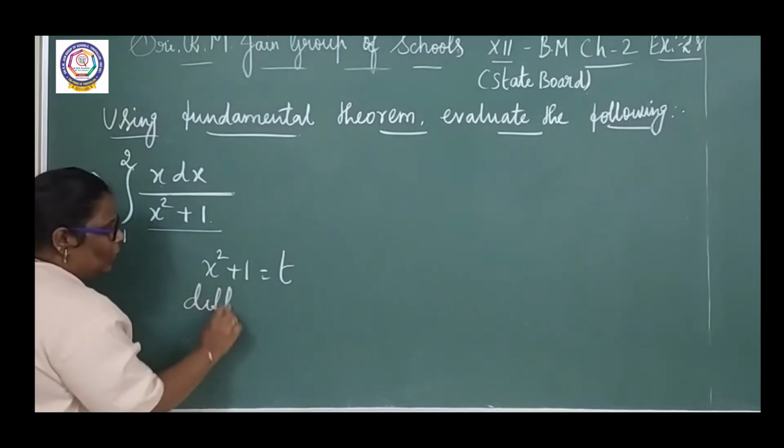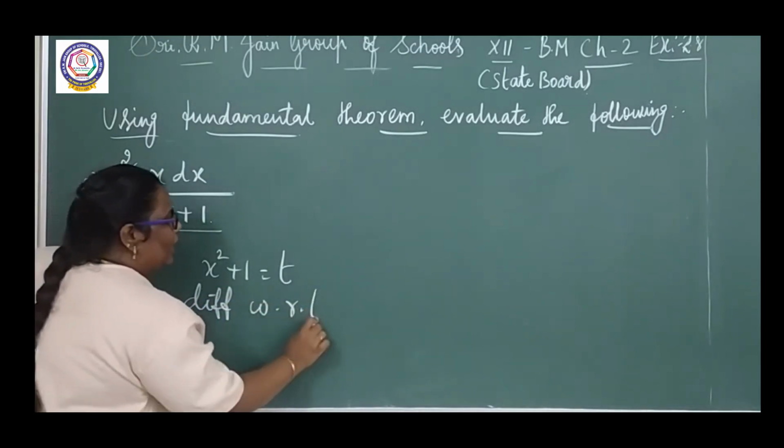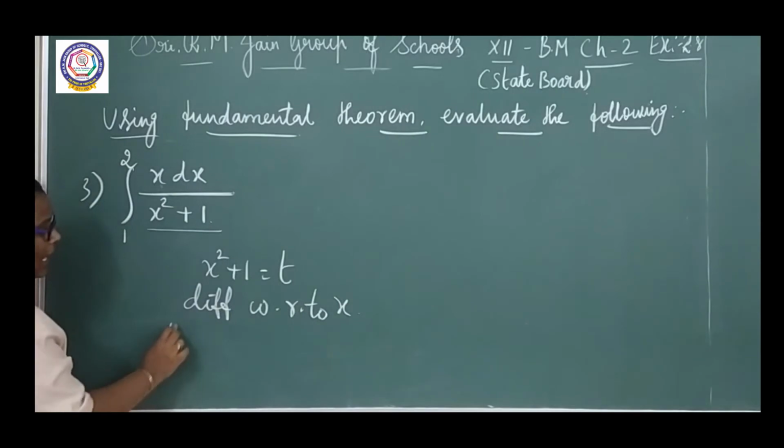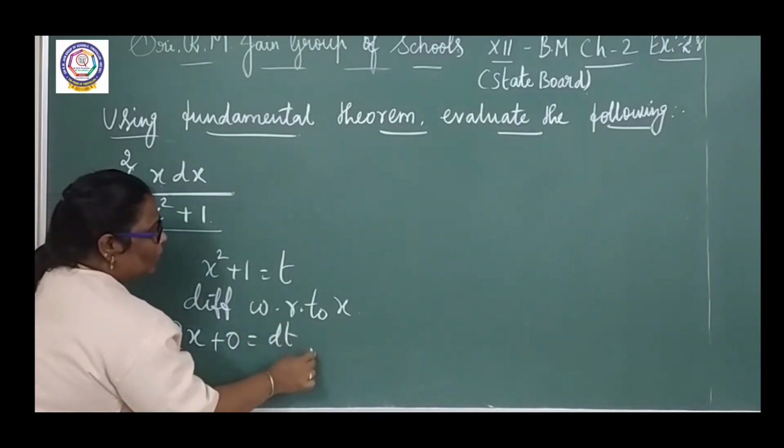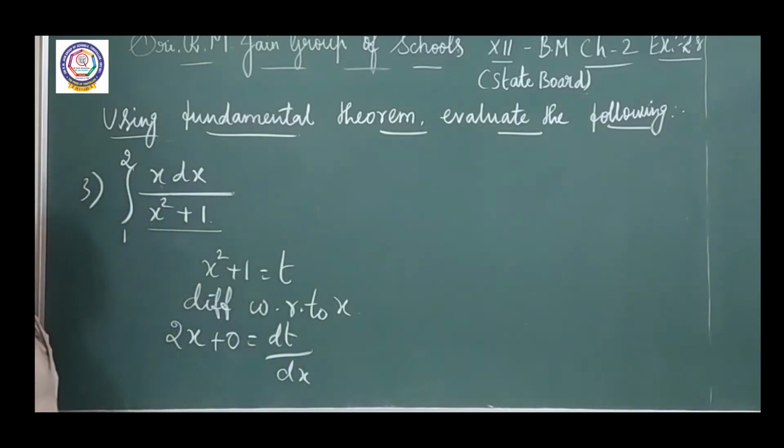Differentiate with respect to x. X square becomes 2x, plus 1 becomes 0, equal to dt by dx.